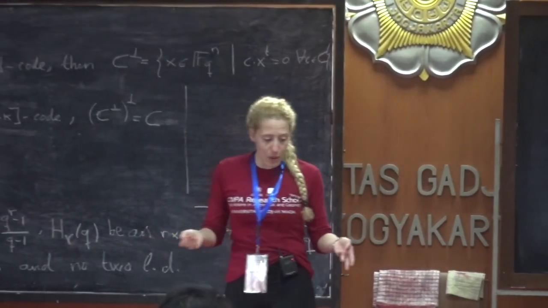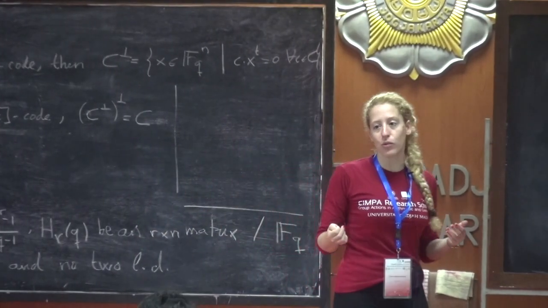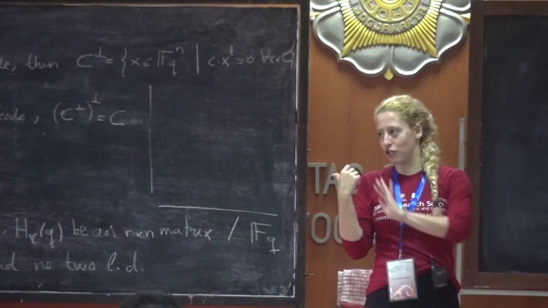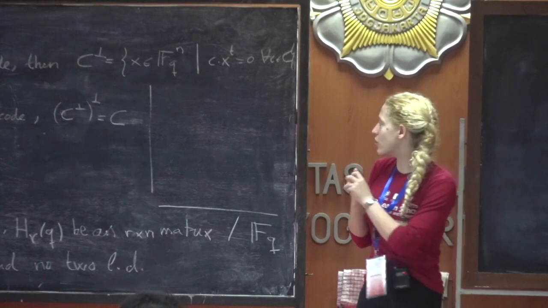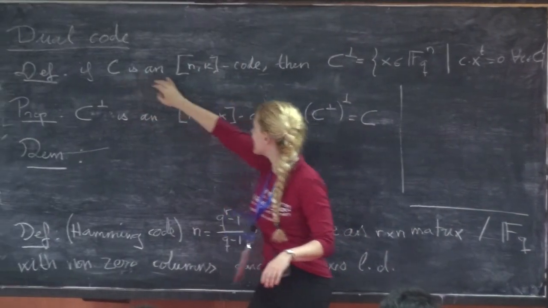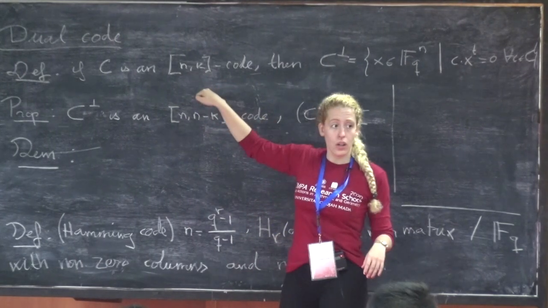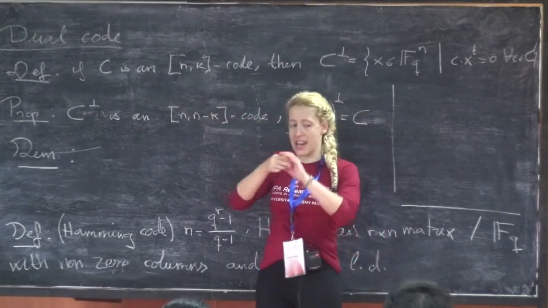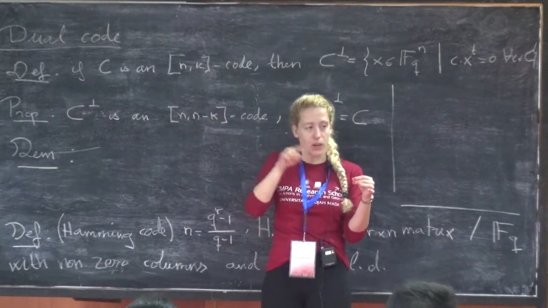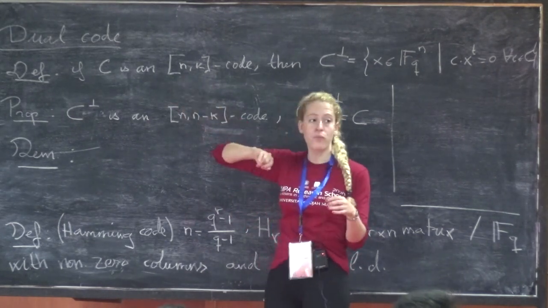If you remember, last day I told you about this dual code, but I didn't give the definition. So now I'm giving the definition. We start with a code that is an (n, k) code. Remember, n is the length of the code, so the code is going to be a vector, and the number of coordinates is going to be equal to n.